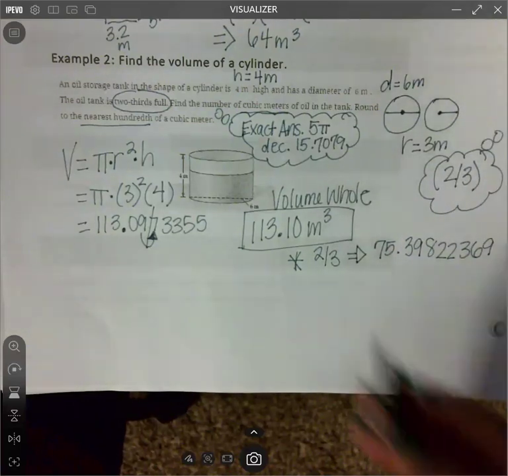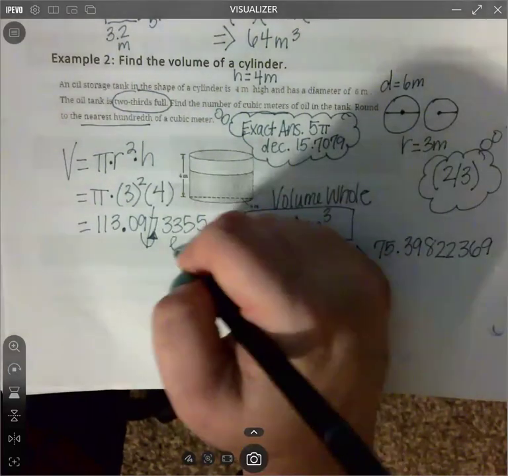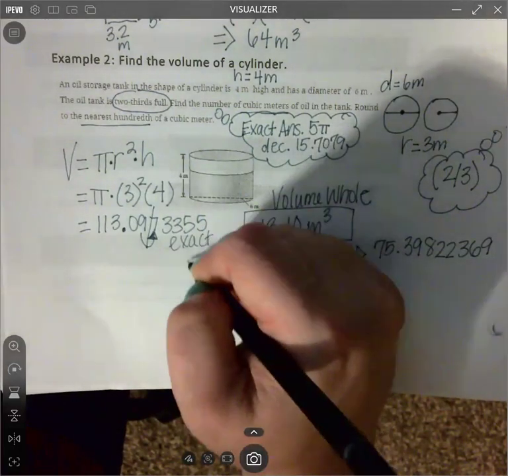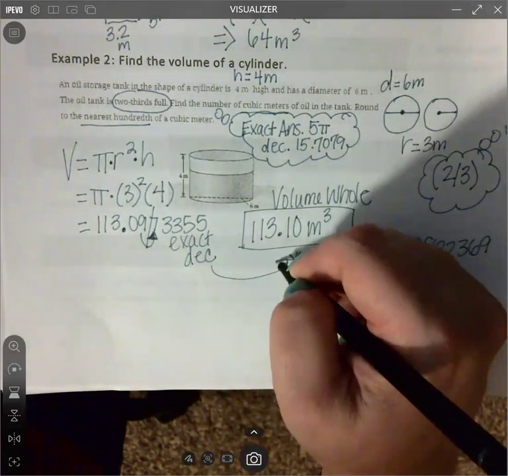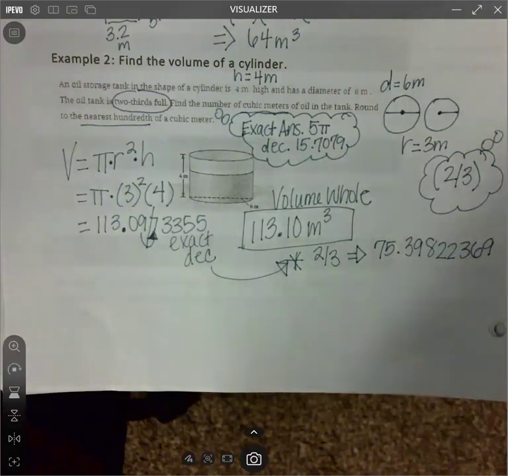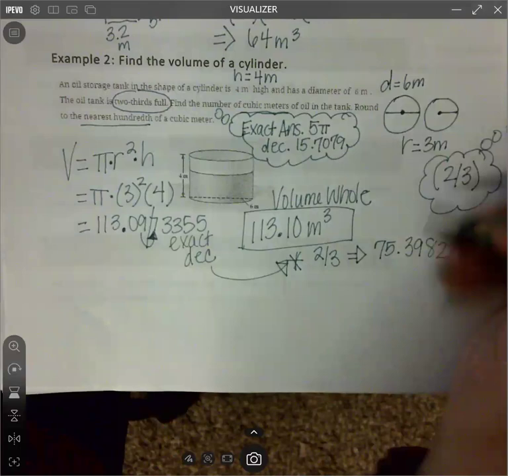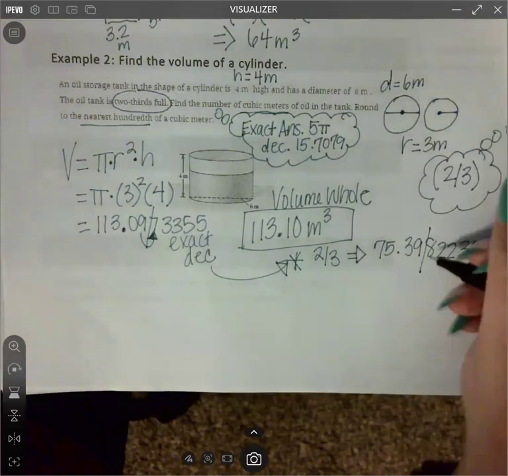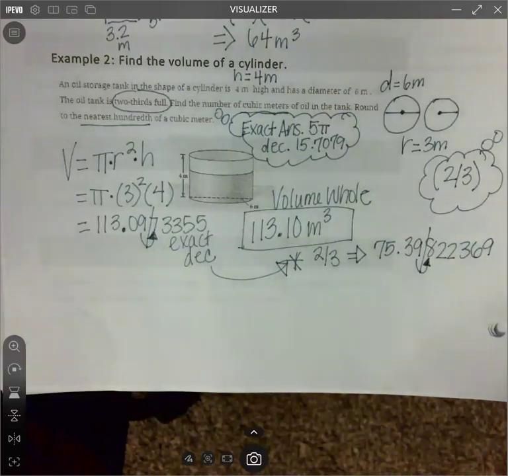75.39822369. Again, I didn't use my rounded answer. I used my exact decimal answer because it was still on my screen and multiplied by the 2/3. I only want to round once in a problem. So I'm going to round right now. Again, that 9, I have to look to the number after.